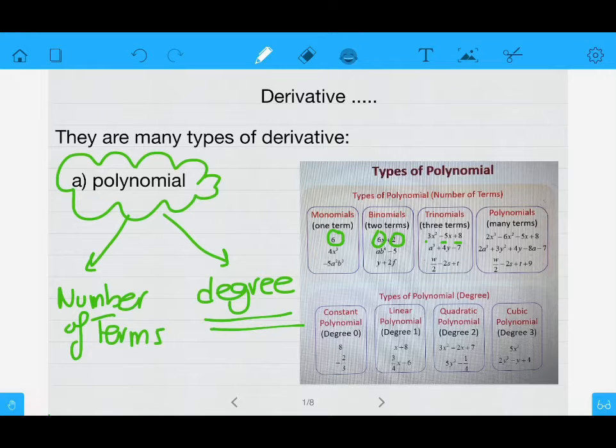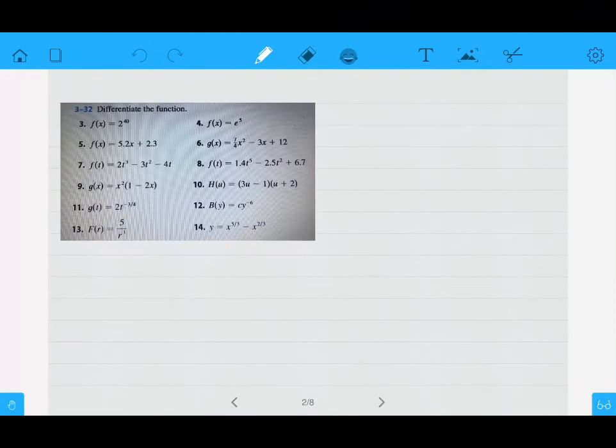Now we will solve some equations related to the polynomial. Here we have different types of questions. We have question number 3 and 4, with the same idea. I will solve question number 4. f of x equals e to the power 5. Do you have a variable x here?